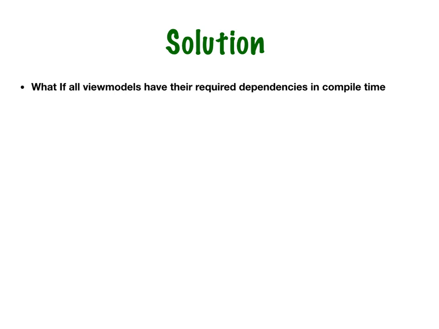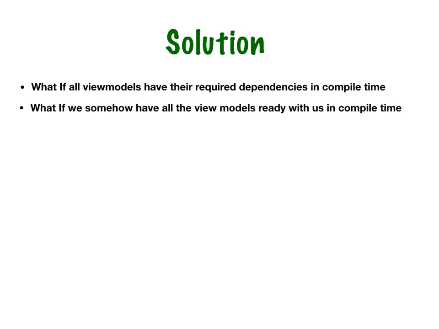View model B needs dependency B, it has it at compile time. Now we have to create all these view models with their dependencies at compile time. That is one part of the basic need that we require. That is the first thing sorted. Now we need all these view models ready with us at compile time.